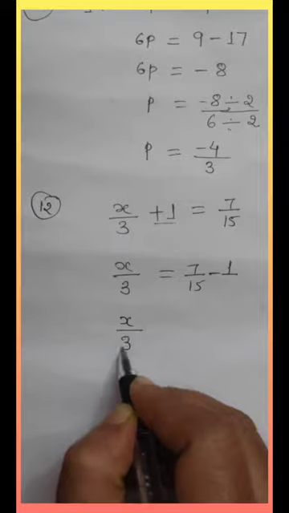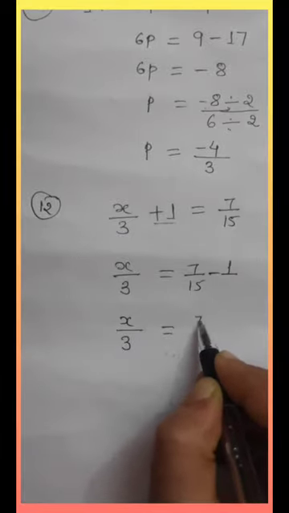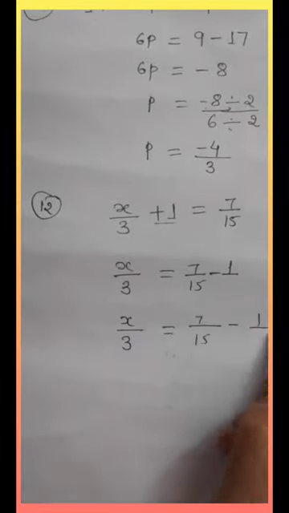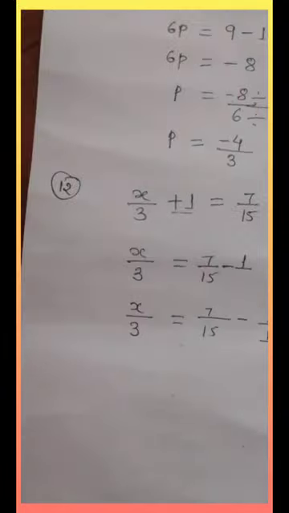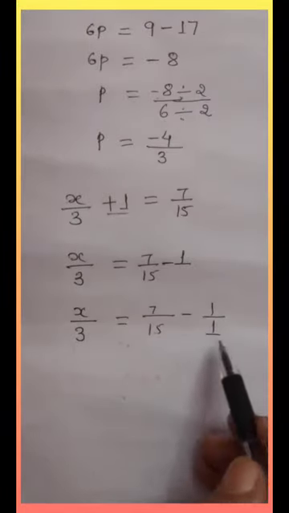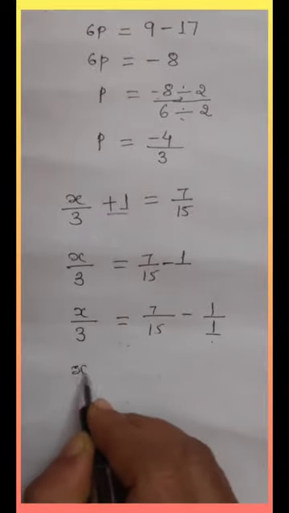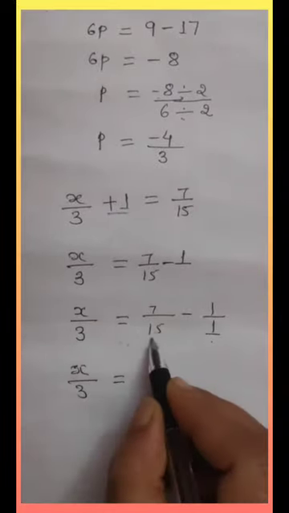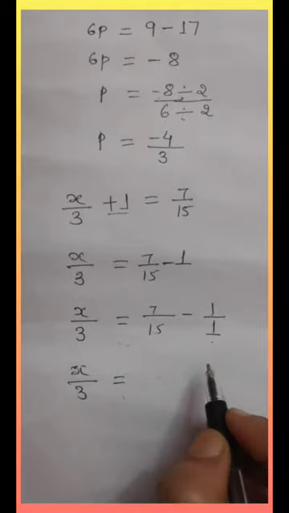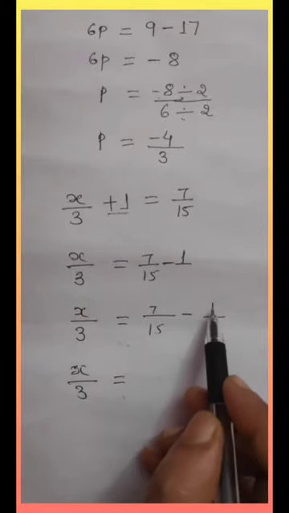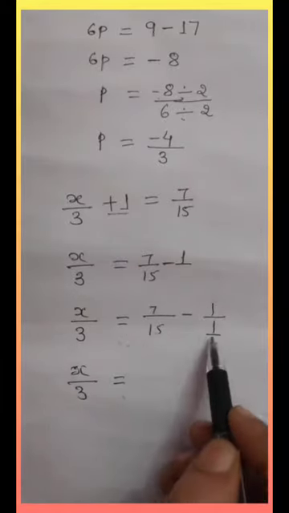So in this case, x upon 3 is equal to 7 upon 15. We take as denominator 1. Whenever we take denominator 1, we are not changing the value of the original number. x upon 3 is equal to, in this case, you can do it by two ways. You can either cross multiply or find the LCM.